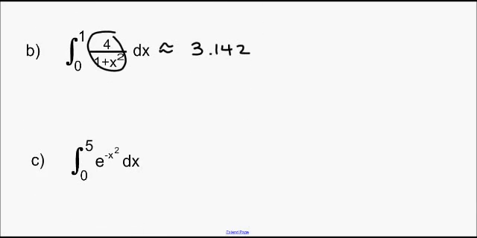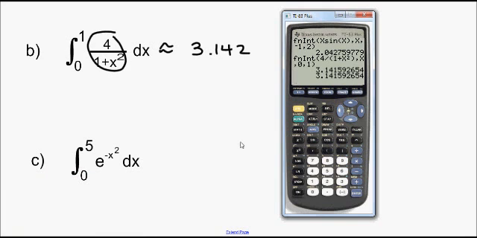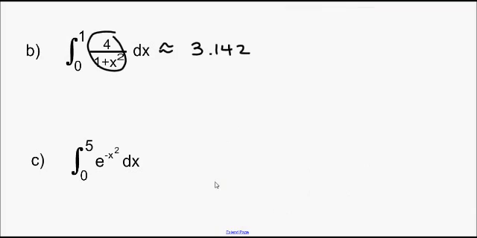Okay, part C. Again, we have to be careful with our parentheses here. So math, number 9, and our function is e to the, and it opened parentheses for us, which is nice, negative x squared, close parentheses, comma, x, comma, 0, comma, 5, close parentheses, and we get 0.886.